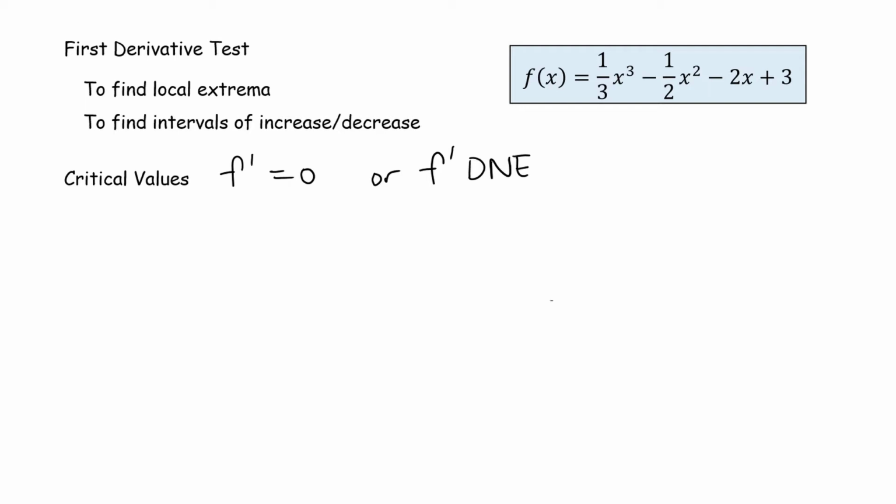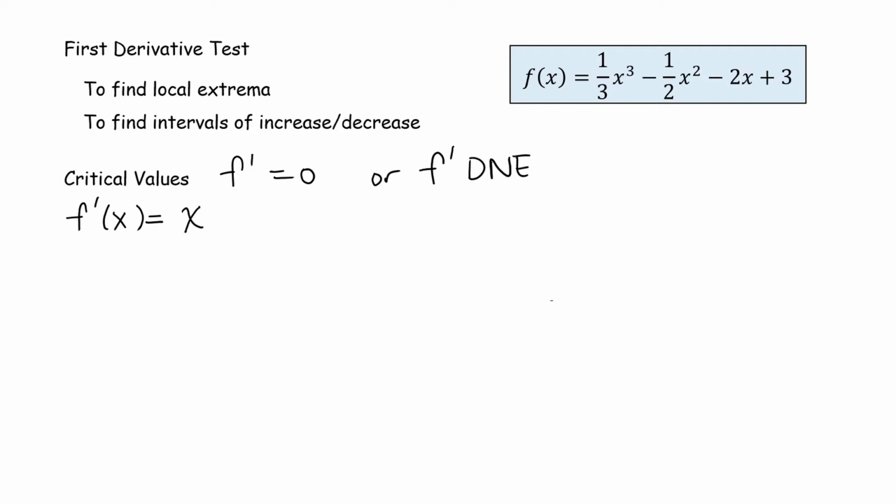For the function f of x equals 1/3 x cubed minus 1/2 x squared minus 2x plus 3, the first derivative, f prime of x. For 1/3 x cubed, bring the 3 down and multiply it to the 1/3.